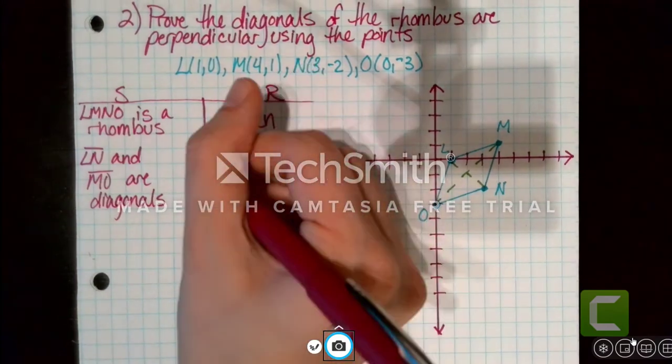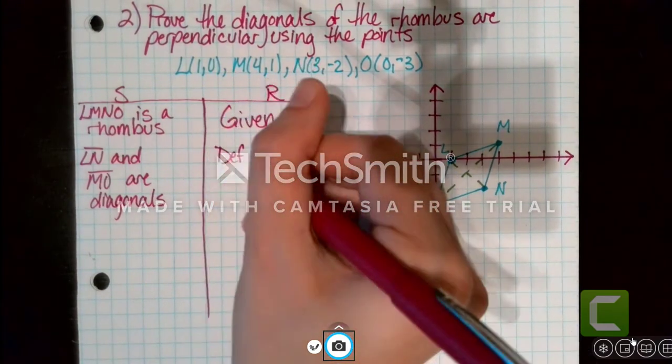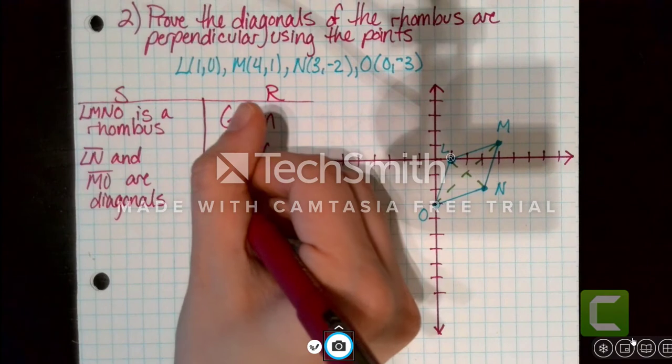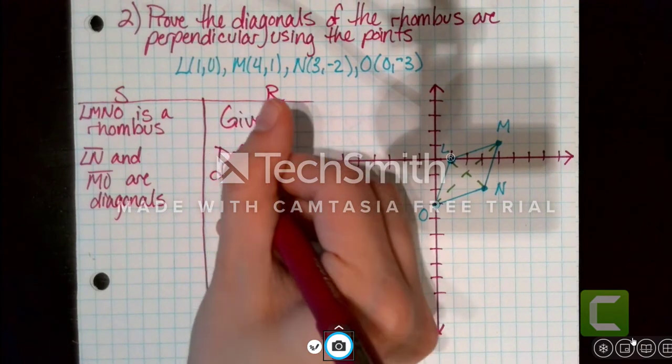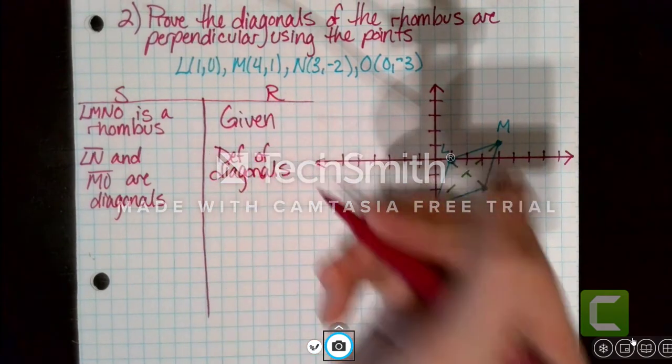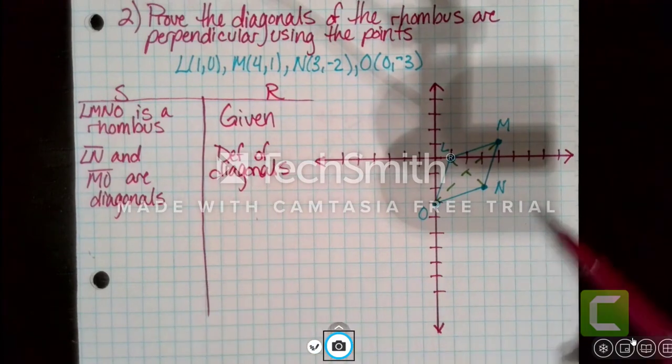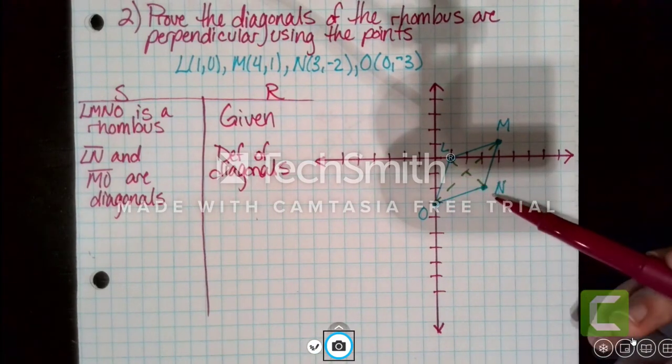And that's by the definition of the word diagonals. Again, we're applying that definition of what a diagonal is to claim that it exists in our shape.